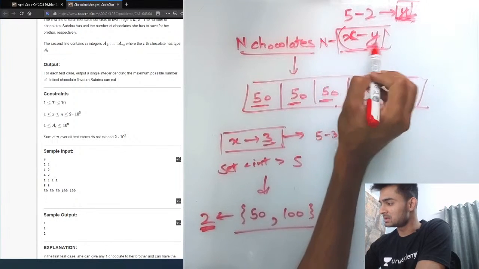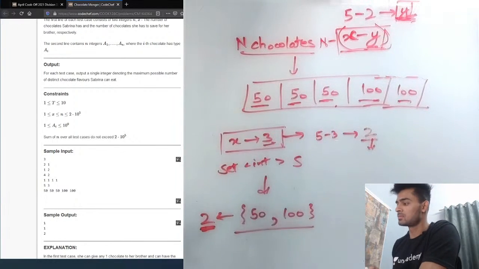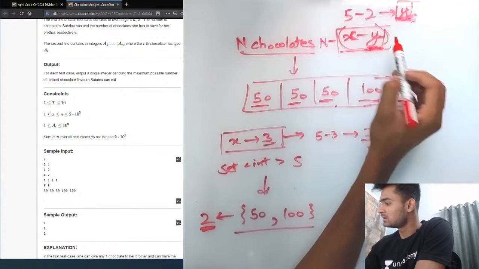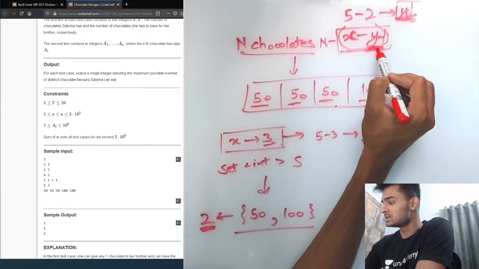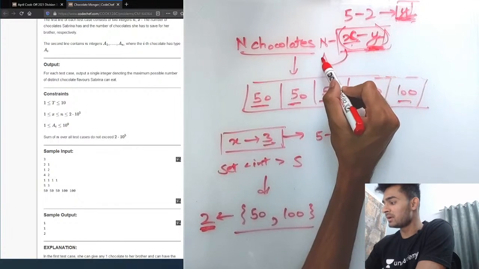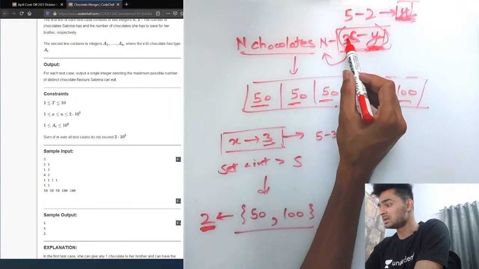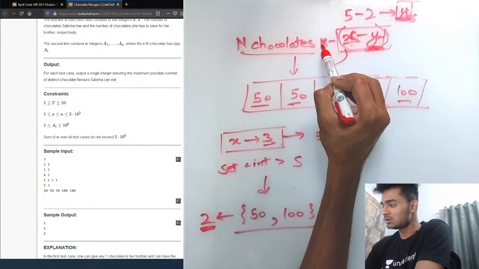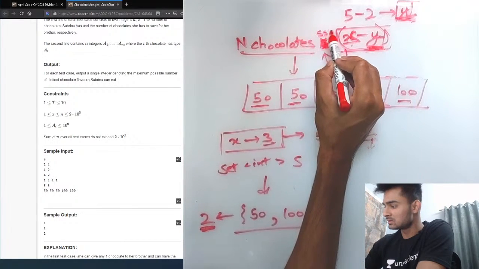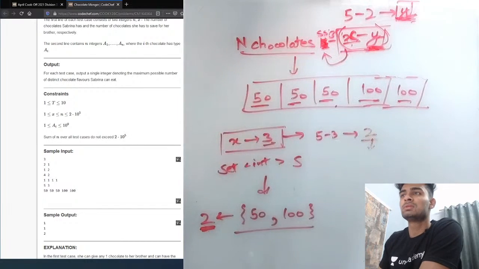So n minus this value. So basically we first took the duplicate chocolates, we removed them from x, and then whatever x was left, we have to take the distinct values and give them. So this is actually not going to be n, this is actually going to be s dot size.